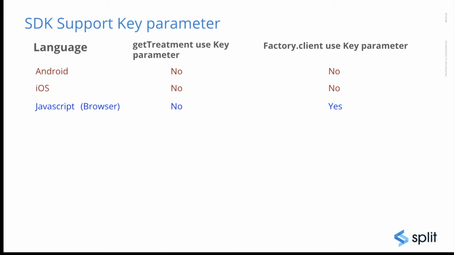The JavaScript SDK, when used in the browser, will have the key passed only in the factory client. It does not have the key as a parameter in the getTreatment call. As we can see, JavaScript in browser mode works almost the same as Android and iOS on the mobile side, which means the key is passed in the initialization, either in the factory or the client objects.